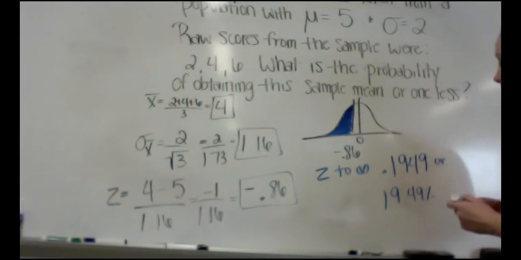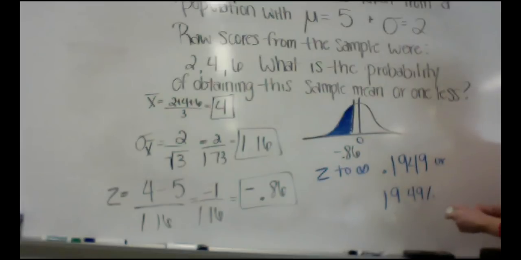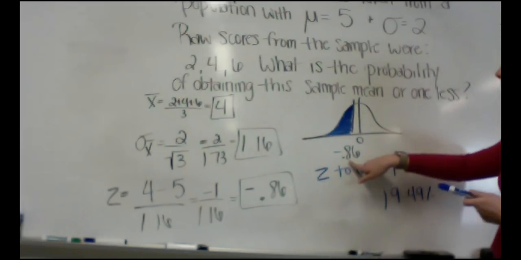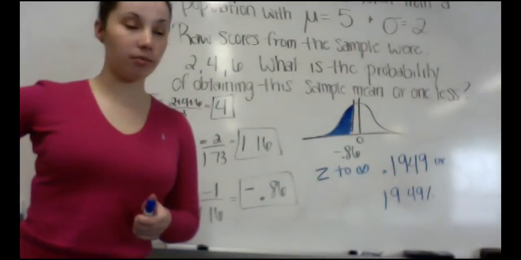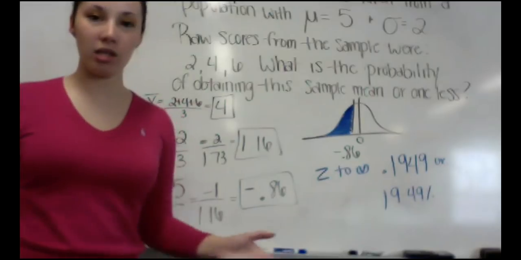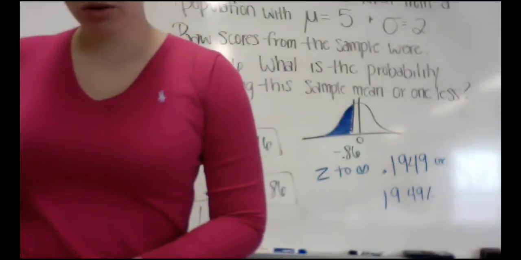So the answer to this problem is 19.49% of the distribution is associated with a z-score of negative 0.86 or less. So that's how you would do a problem like that. It's similar to one that you will be doing for a quiz.